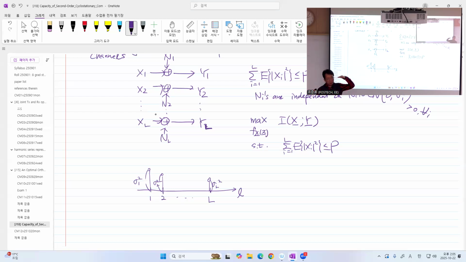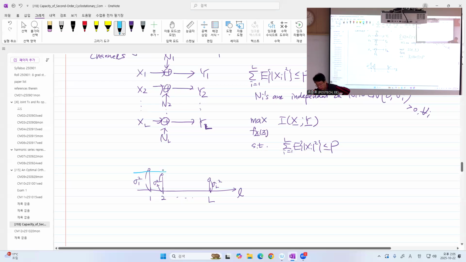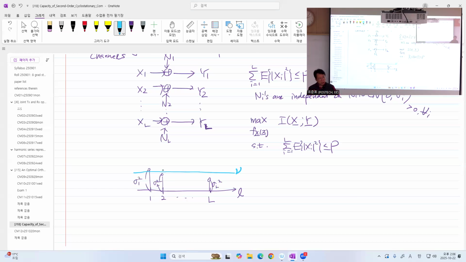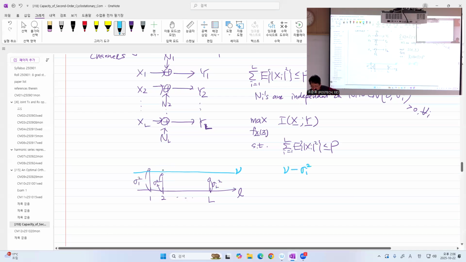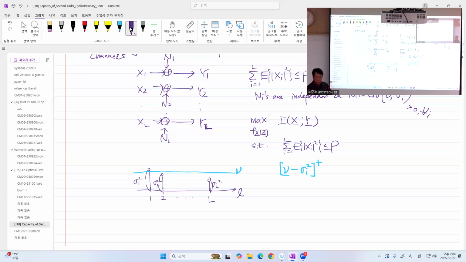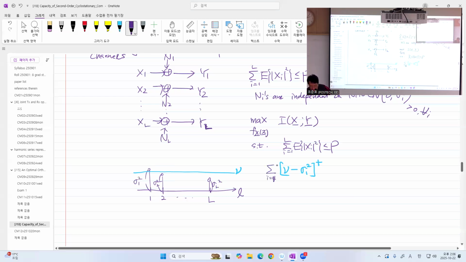You find some value nu that makes the difference between this nu and this height of the noise, so nu minus sigma sub i squared, and its positive part, and that serves as the height of the water level.